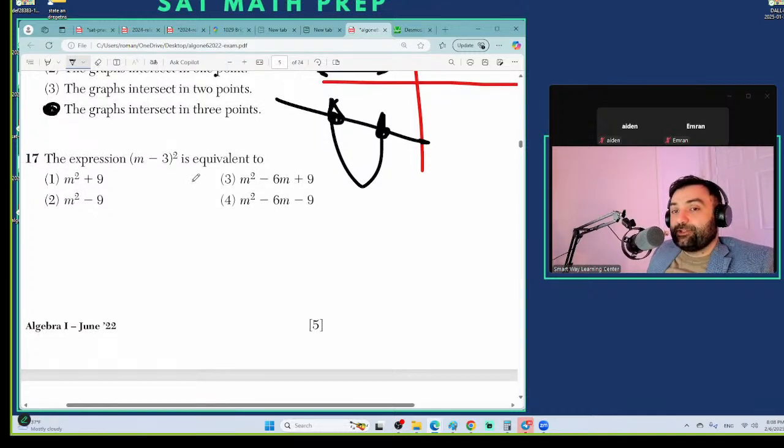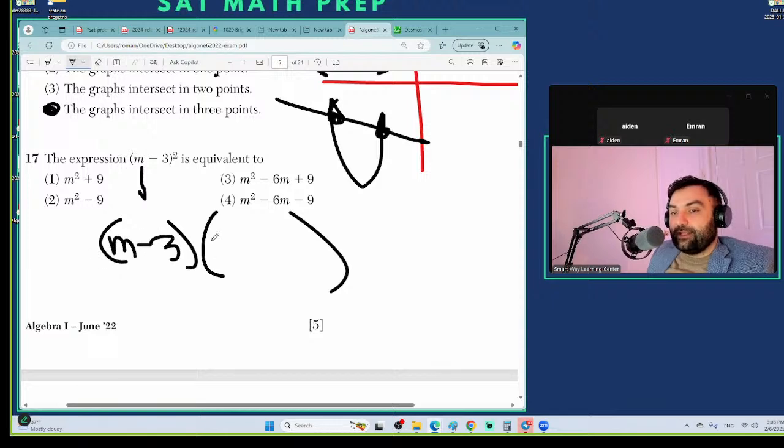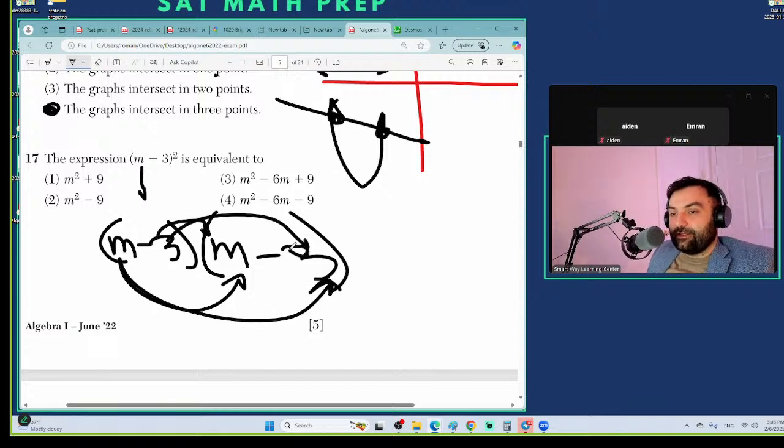The expression m minus 3 squared is equivalent to what? If you have parentheses squared, just clone it and do what's called foiling, which is first times first, then the outer, the inner, and the last.